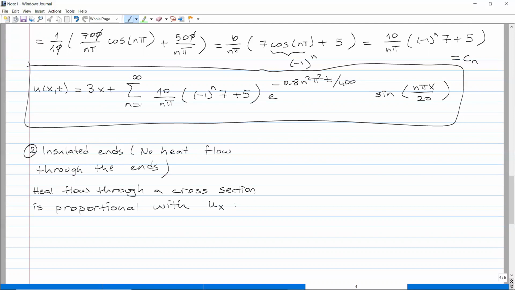So no flow through the ends, it means we have the boundary condition.